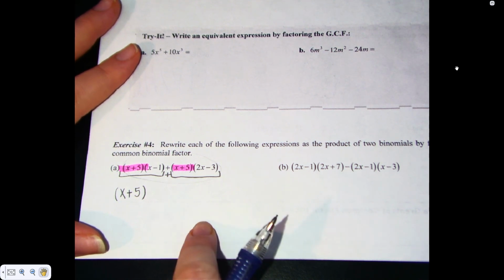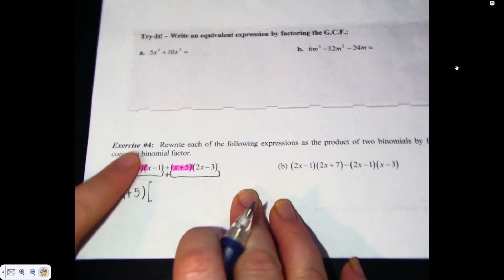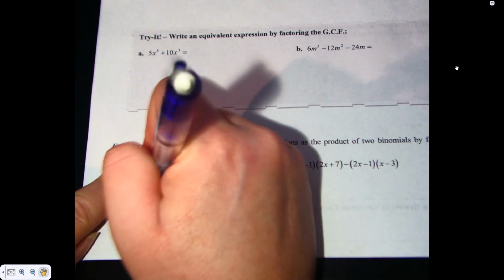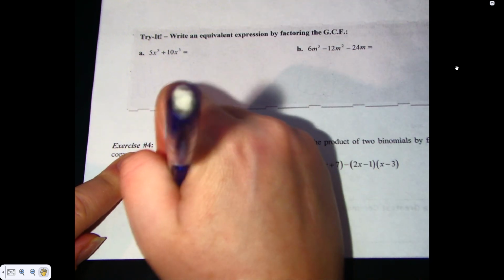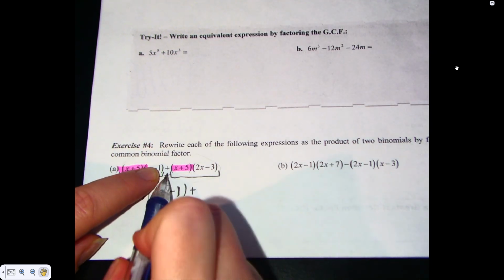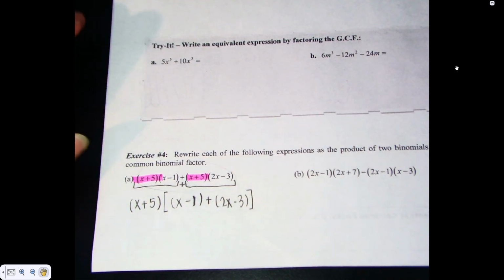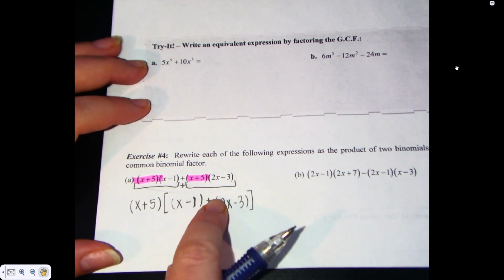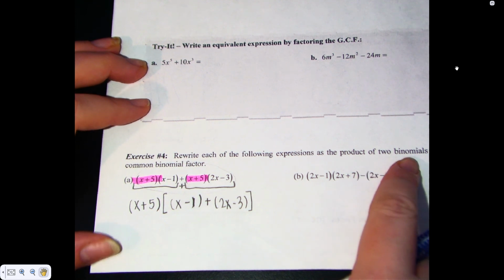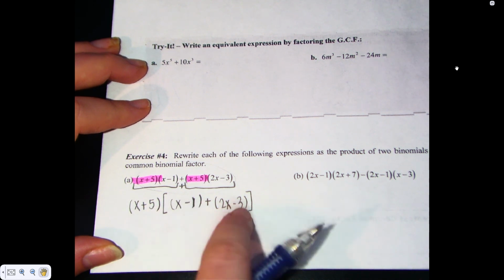Okay, now what I do is just simplify. If I covered this, because I took it out, what's left in here is x minus 1. Oopsies. x minus 1. Okay. Plus is the operation. And then I took this out of here, so what's left in here is 2x minus 3. Okay. So my greatest common factor, x plus 5, and then this is what's left over. Now it says write the product of 2 binomials. So this is not the product of 2 binomials. This is the product of a binomial with 2 binomials being added together.